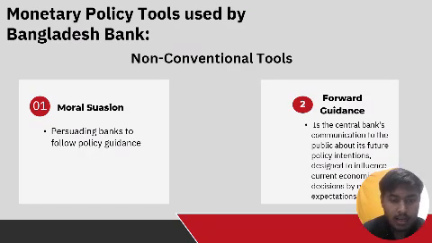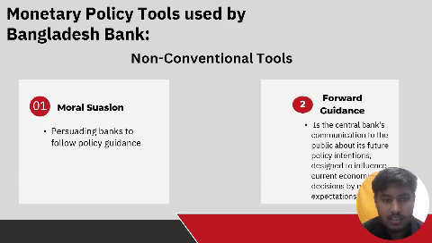In the next slide, there are two non-conventional tools: moral suasion and forward guidance. Moral suasion refers to the informal method of monetary policy where Bangladesh Bank persuades or requests commercial banks to follow certain policies or directions without issuing binding regulation.